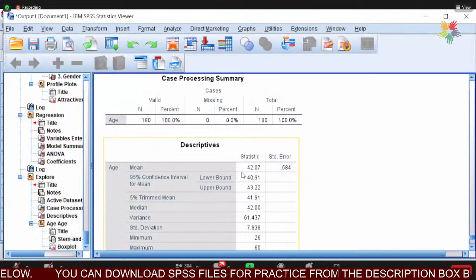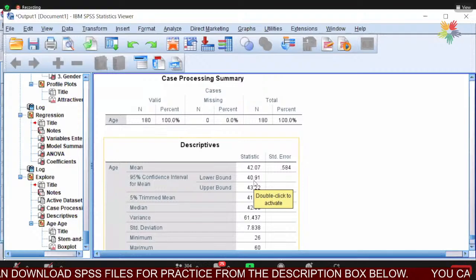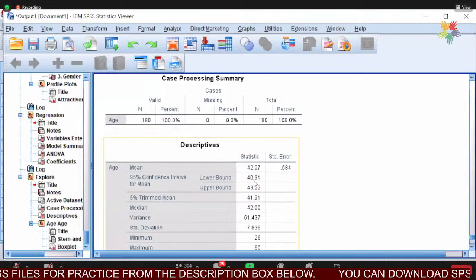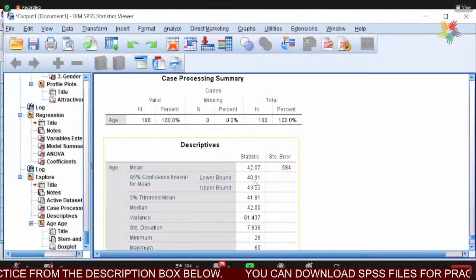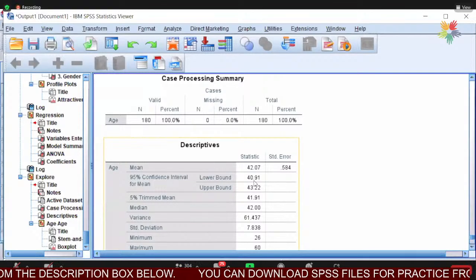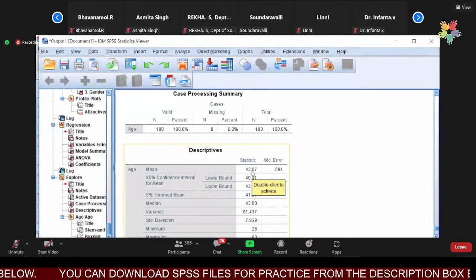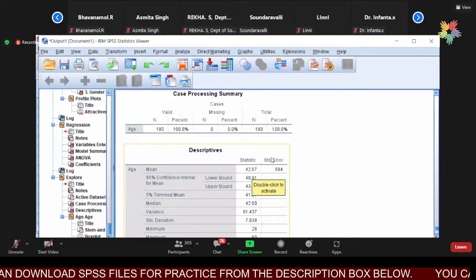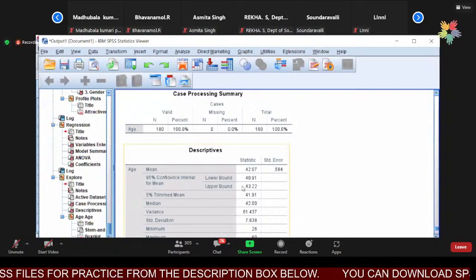Because we are finding the bounds for the mean of only one variable, we have the estimated mean, and now I want to find the lower bound and upper bound. It is the mean plus or minus 1.96 into the standard error.